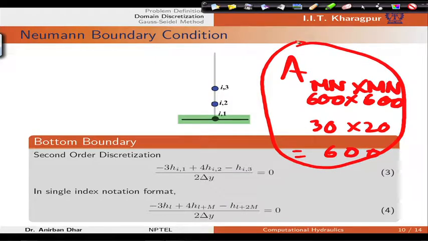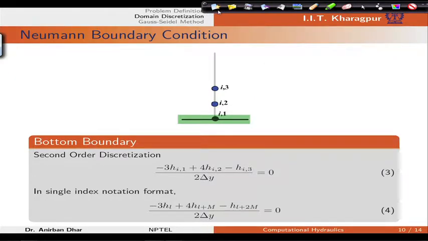Now another approach we can follow and we can avoid this construction of A matrix. It is basically from the concept of our Gauss Seidel.